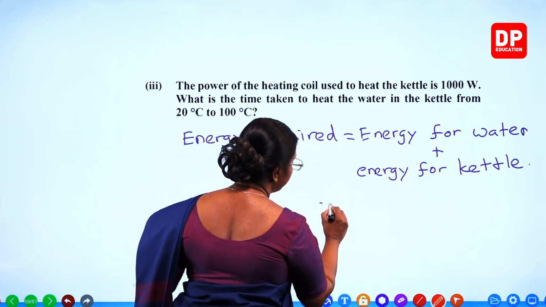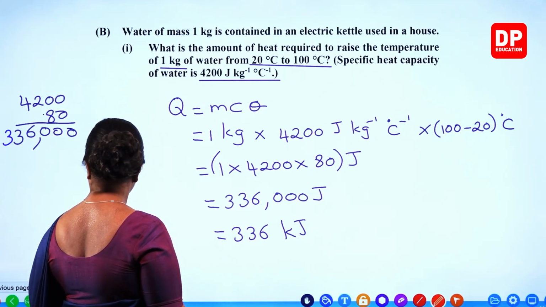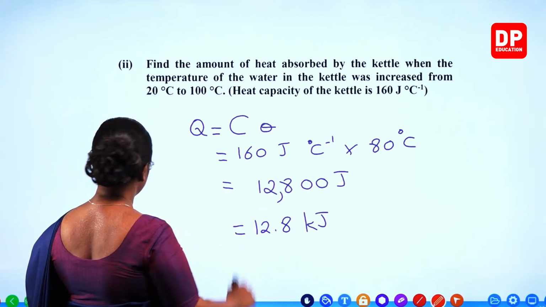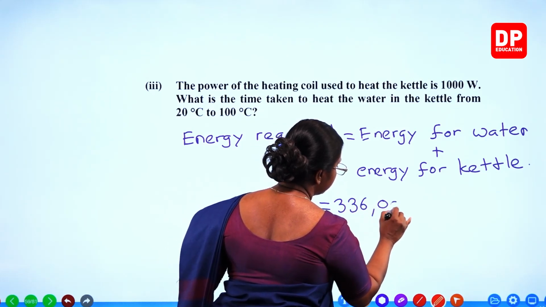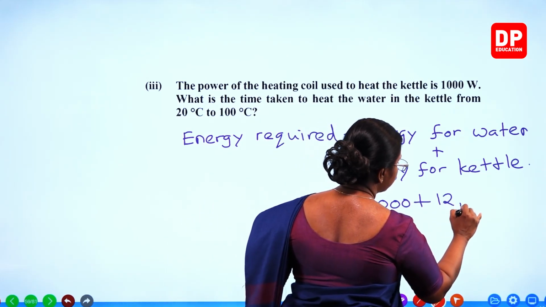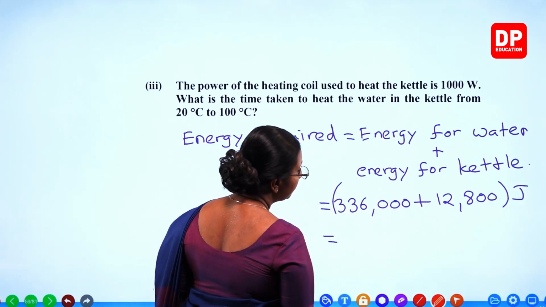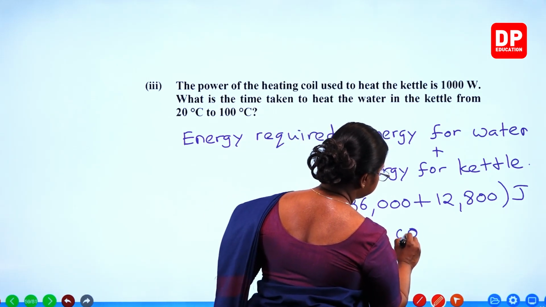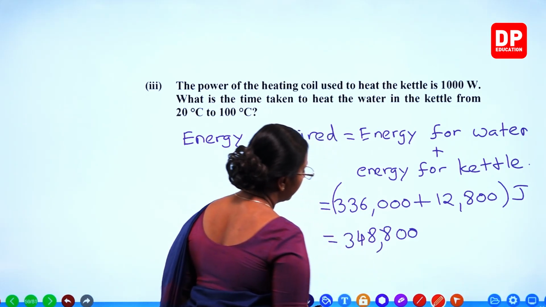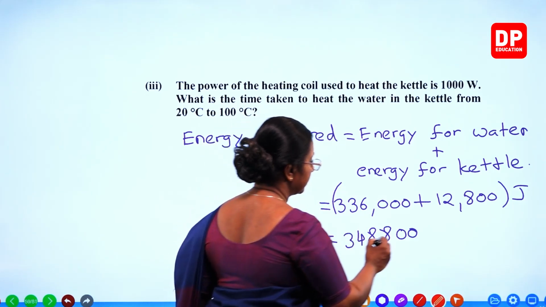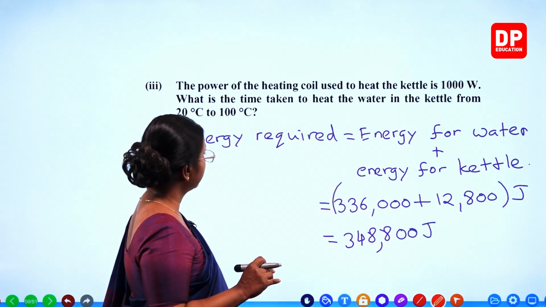So we calculated both the values. If I go back, 336,000 joules plus 12,800 joules. So if you add them together, 348,800 joules. That is the amount of energy that was required.